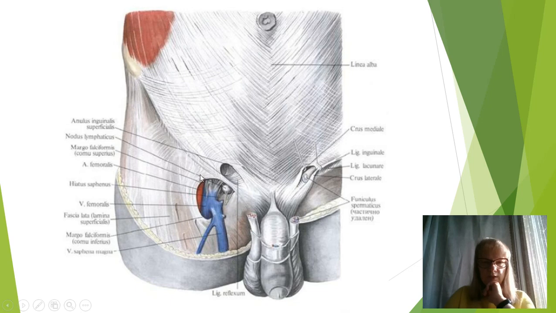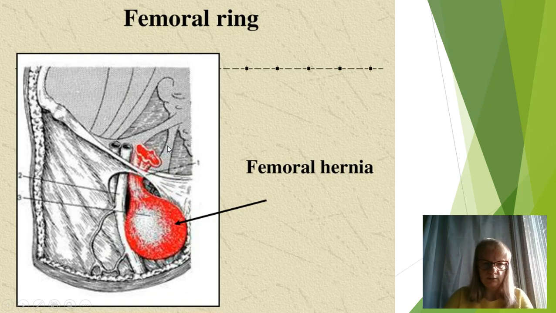But when a femoral hernia arises, the hernia comes onto the thigh, visible through the femoral ring and through the saphenous hiatus; the femoral hernia comes under the skin on the anterior middle aspect of the thigh.